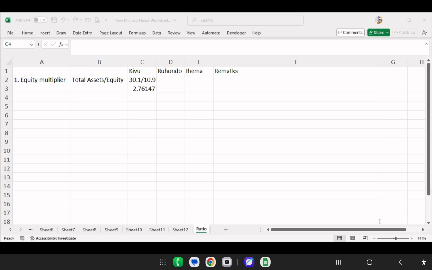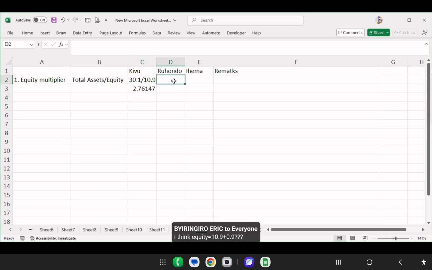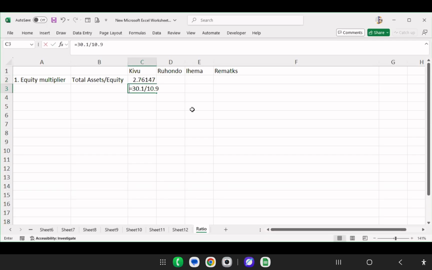Are we together? I think your response is yes. Okay. So if that is the case, we go to the next one. I can make it easier. Suppose I put it there because I have put the formula here, total assets. So I want to make it easier. Then we go to the next one.